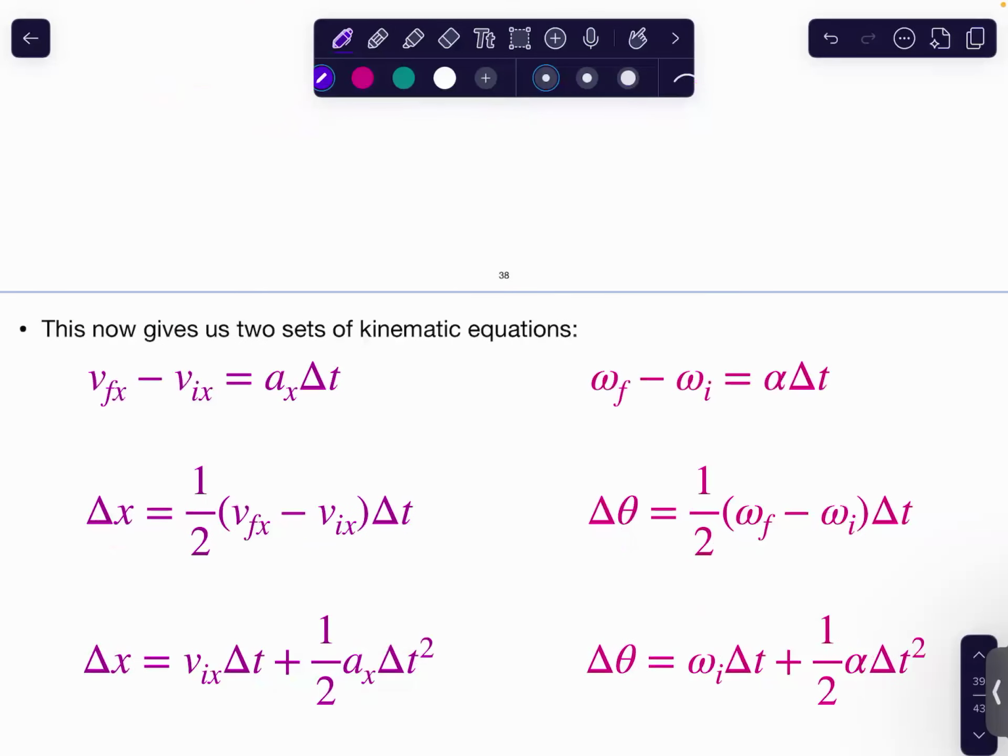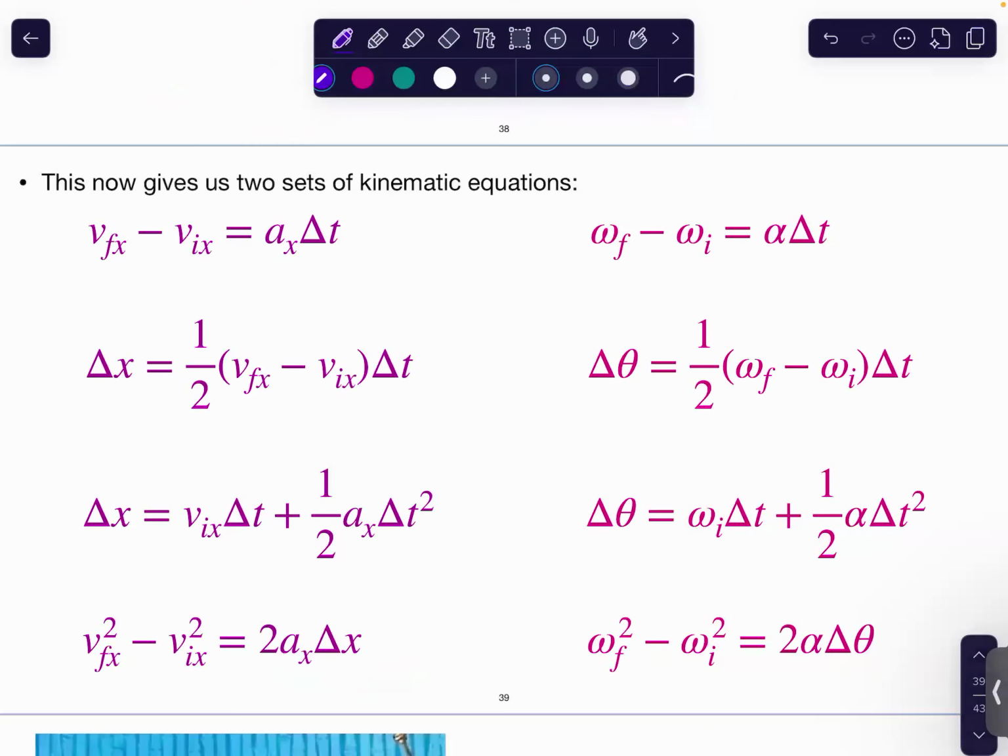And what this inevitably leads us to is now we have two complete sets of kinematic equations that we can use. On the left, you see the kinematics you've been using for linear calculations. On the right, now you have the same kinematic equations, but for angular motion.